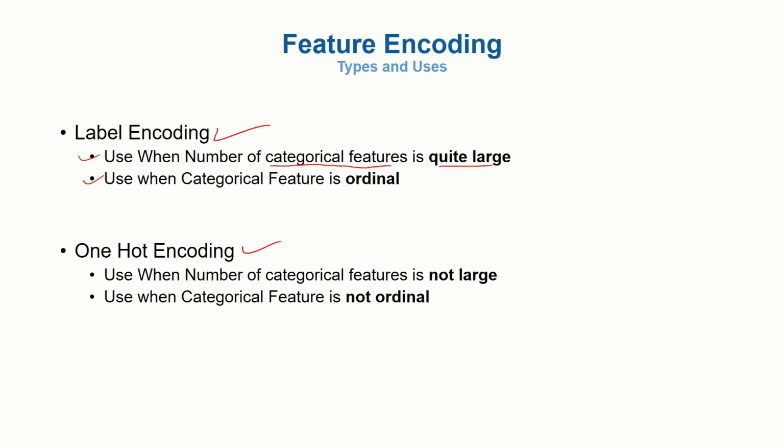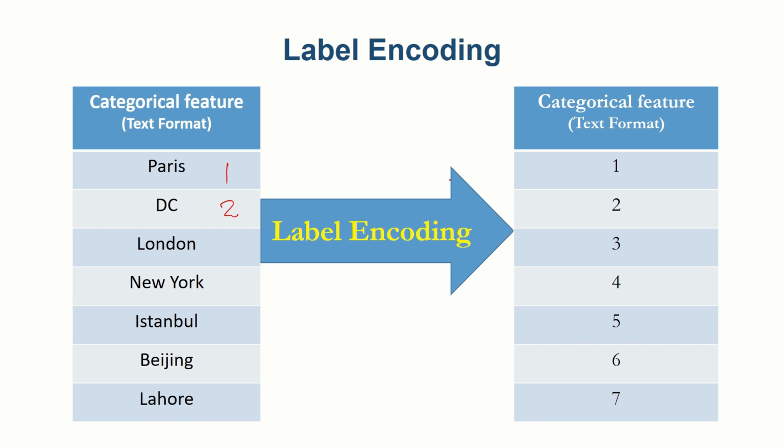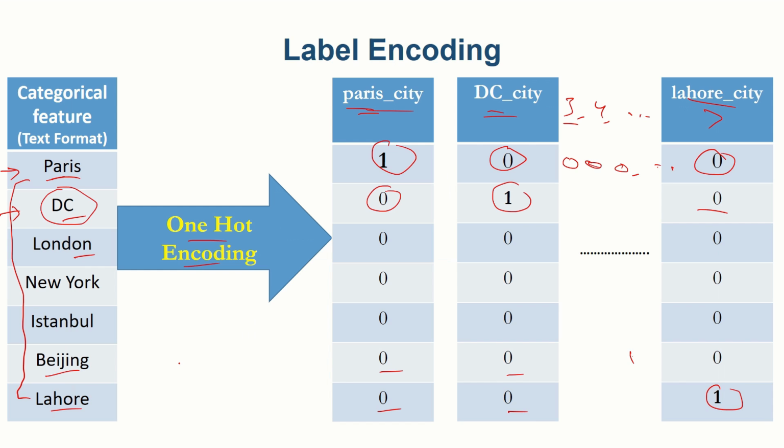Why? Because if the number of categories in one column is very large and you go for one-hot encoding, then you'll obviously have to have that many columns as well.